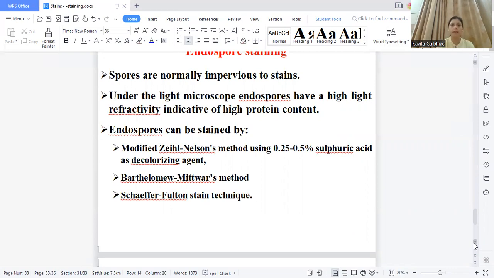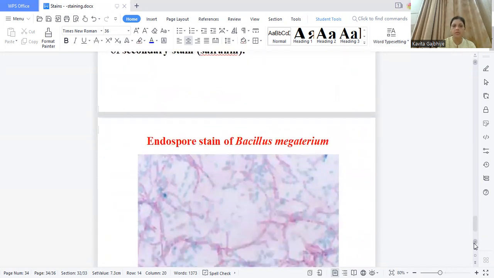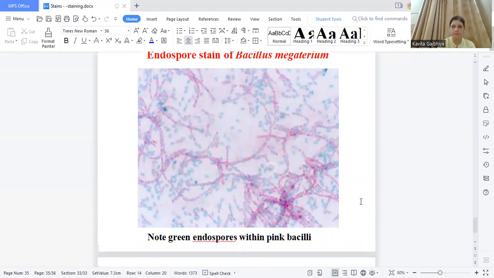Under the light microscope, endospores have high light refractivity, indicative of high protein content, and can be stained by the modified Gill-Nelson method using 0.25 to 0.5% sulfuric acid as the decolorizing agent. The Bartholomew-Mittwer method and the Schaeffer-Fulton stain method and many other methods are there. These methods are also based on identification with a specific kind of stain on the slide. Here you can see green endospores within the pink bacilli in this slide.